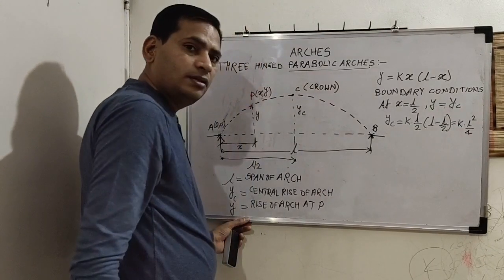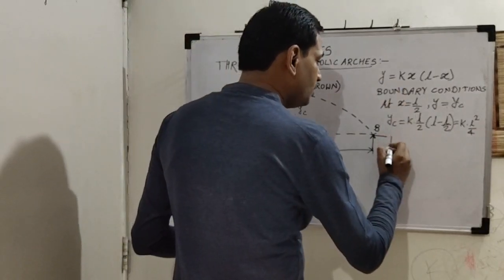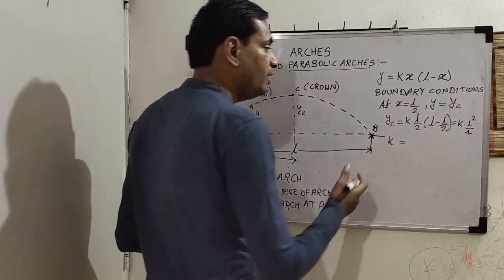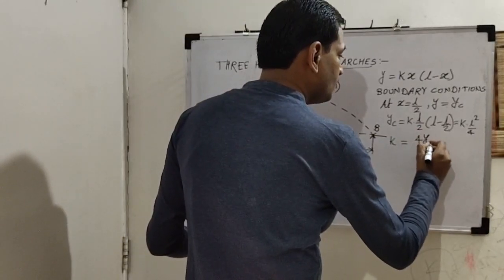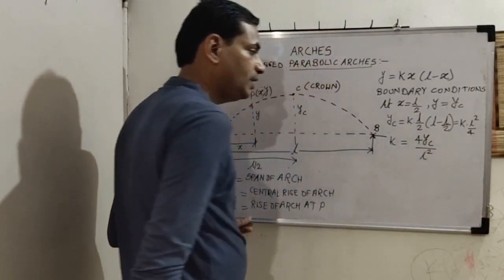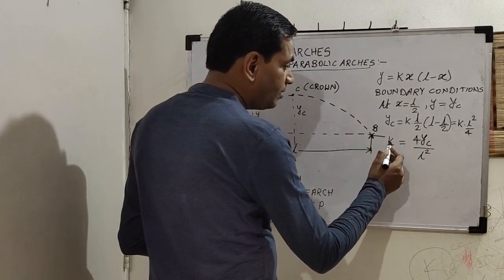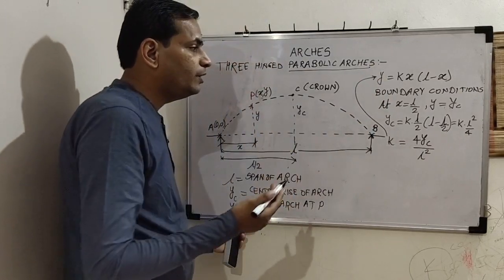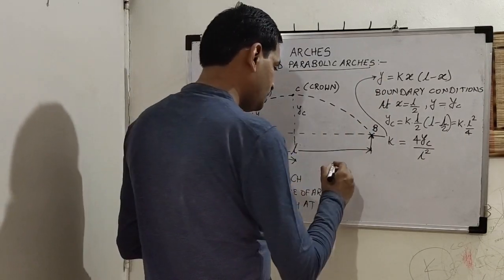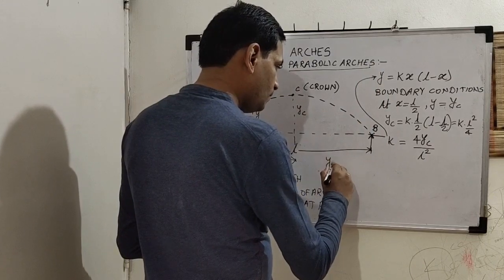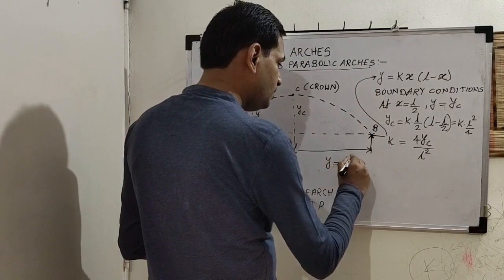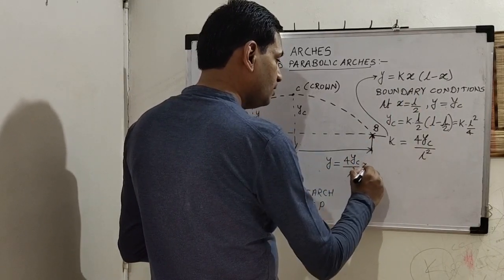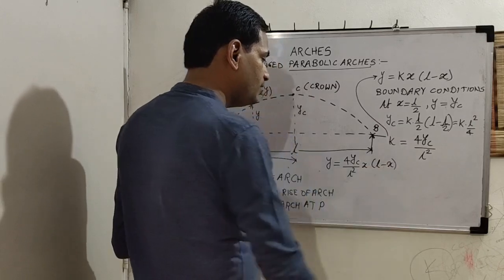So we have got the value of this constant in terms of central rise and span of the arch, that is 4yc upon L square, correct? Now we shall substitute back this value here. So what will be this equation? General equation of center line of parabola. Y is equal to 4yc upon L square, this is k, into x, inside the bracket L minus x.